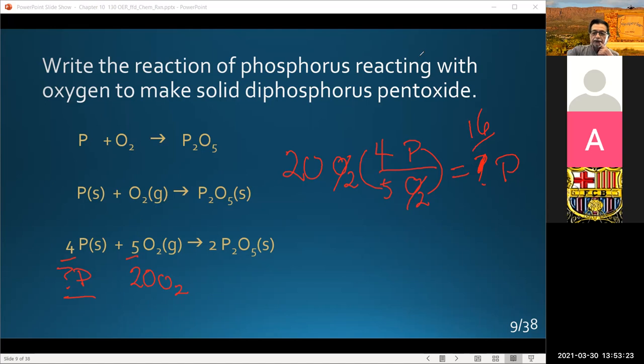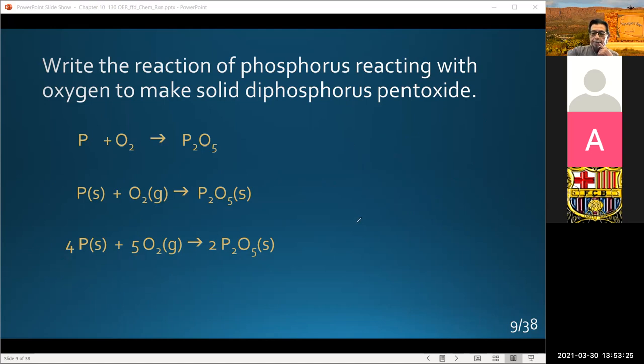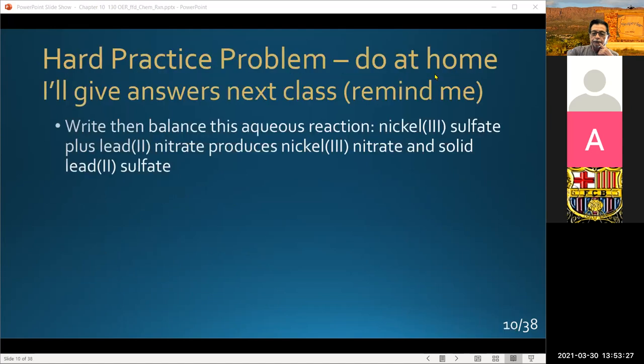All right, let me clear the table here. Here's a bit of a challenging one, but don't let it freak you out. Break it down stepwise. A lot of these problems look overwhelming, but break it down.